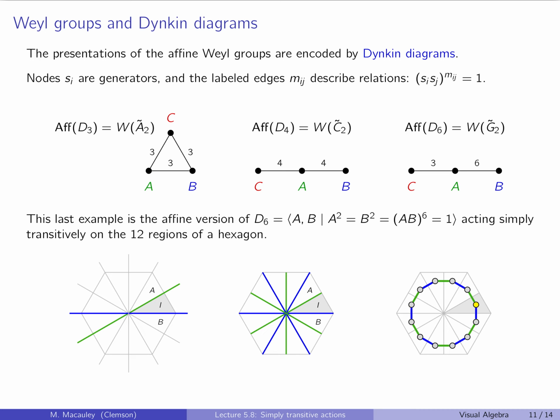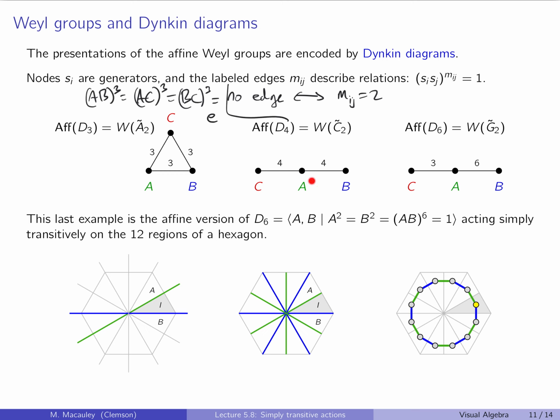So I should also say, I didn't write this here, but anytime that we don't have an edge, we can assume, so let me write this down, no edge means Mij equals 2. So here we have a triangle, because for every pair, we have AB cubed equals AC cubed equals BC cubed is the identity.